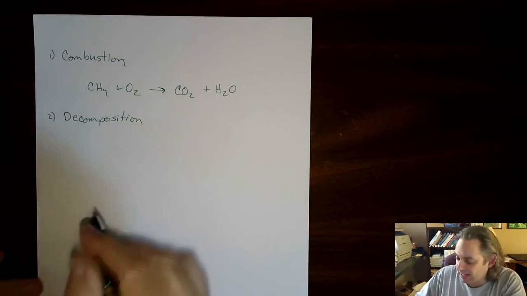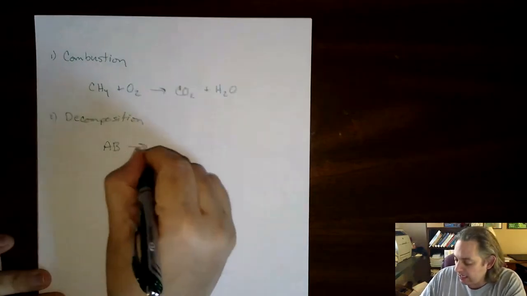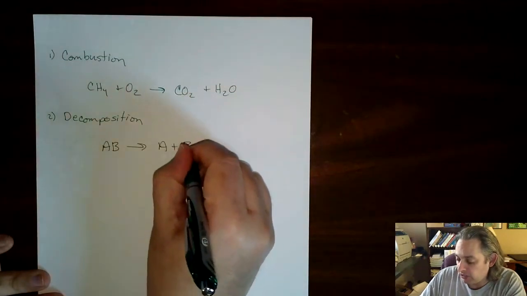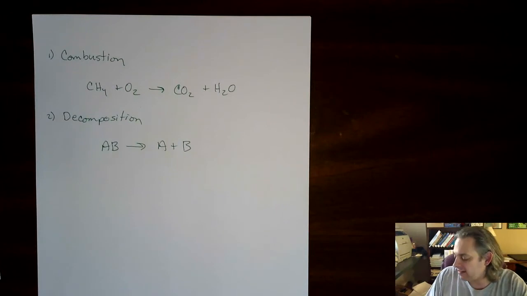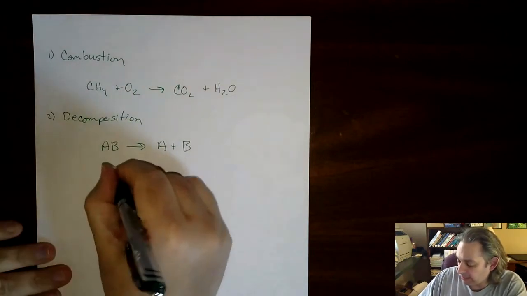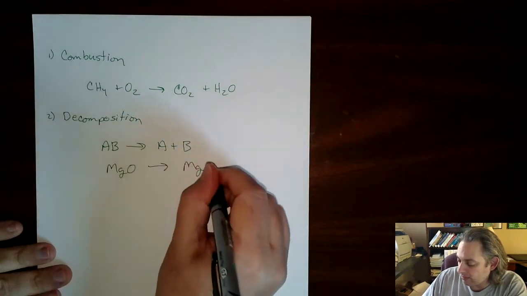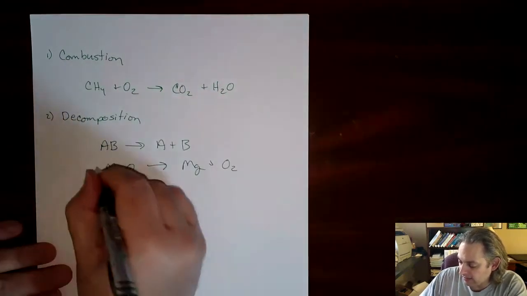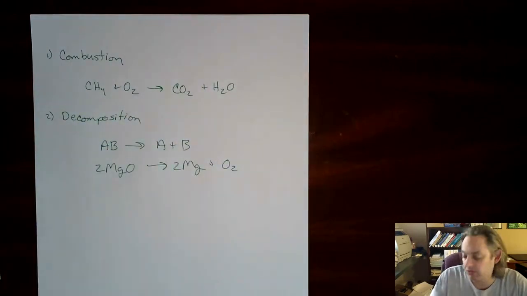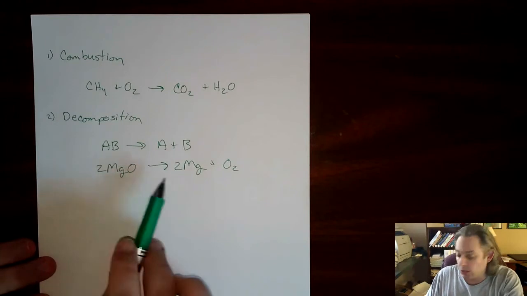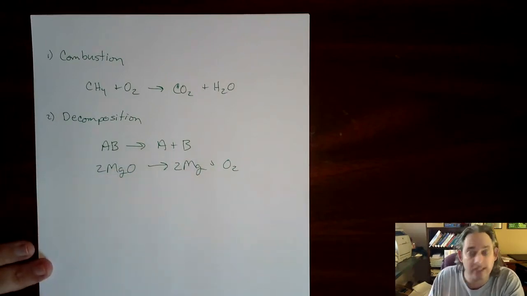A generic example would be some compound, let's say AB, decomposing into A plus B. An example of this would be magnesium oxide decomposing into magnesium metal and oxygen gas. And so balancing would be this right here. That would be a decomposition. We would have one thing breaking up into more than one thing.